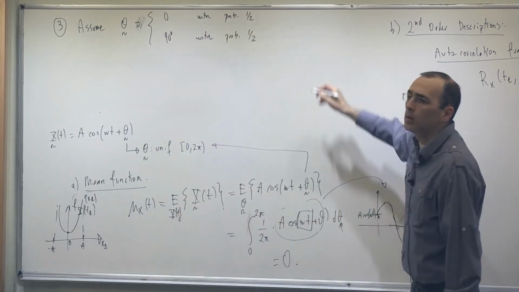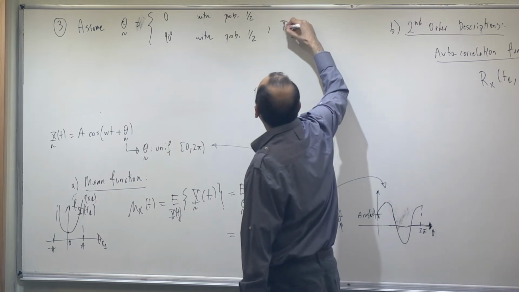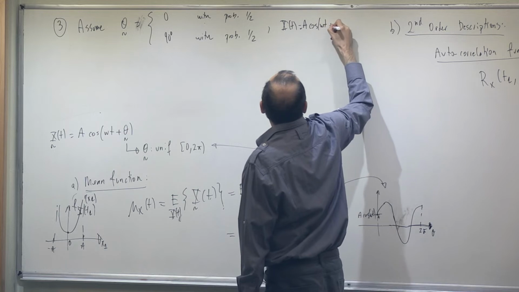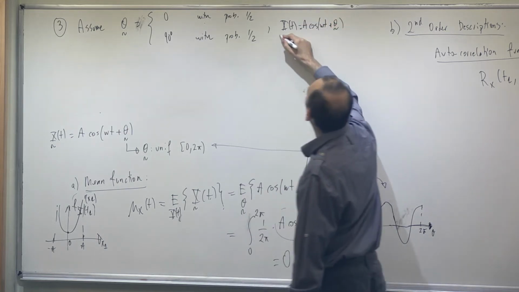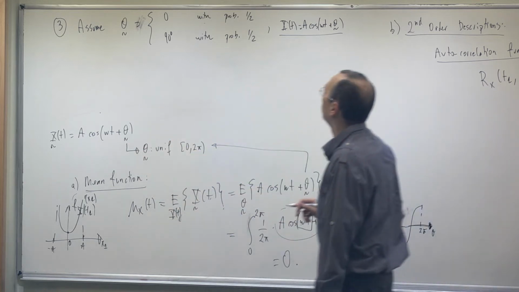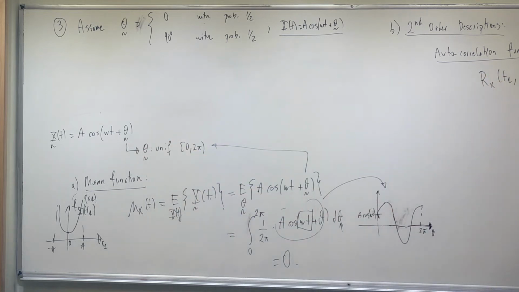Okay? So in this case, again I have the same process, X of t is a cosine omega t plus theta. So the only difference is that it's not uniform anymore. It's 90 degrees or 0 degrees.